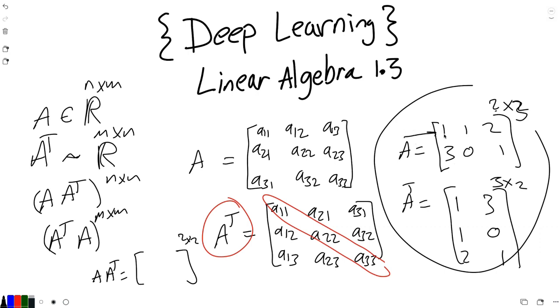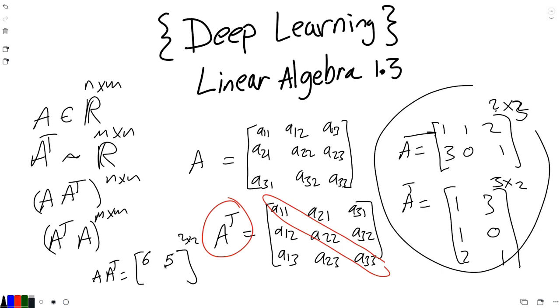We take the first row, 1 1 2, times 1 1 2, like a dot product: 1 times 1 is 1, plus 1, the summation is 2, 2 times 2 is 4, then 2 plus 4, the result will be 6. Then still the first row with the second column: 1 times 3 is 3, 1 times 0 is 0, 2 times 1 is 2, so it will be 3 plus 2, which is 5.